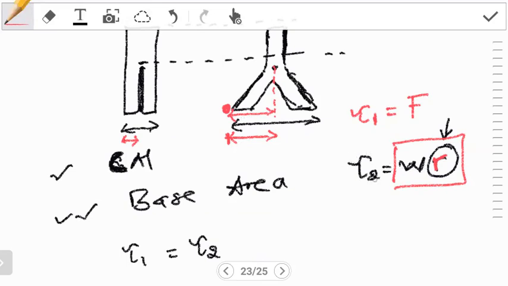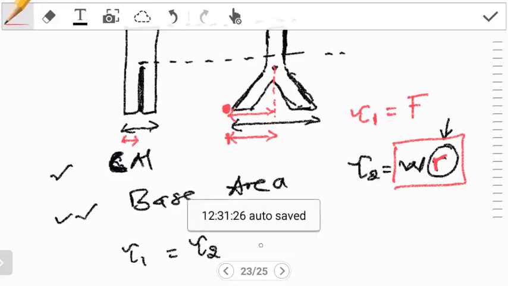So the clockwise moments become greater. And since they're greater, it implies that the anti-clockwise moments needed to balance those will also be greater. They'll have to be more than what we had initially. And the only way we can get that is by applying more force. So that's the key thing that we have to look at.